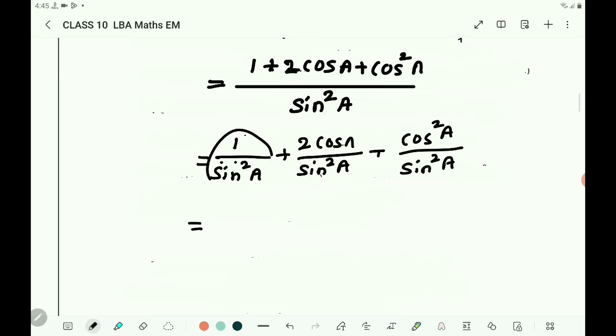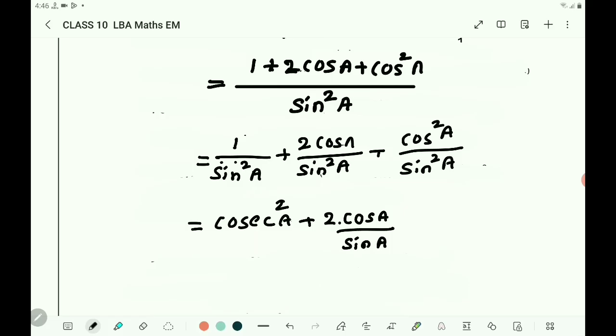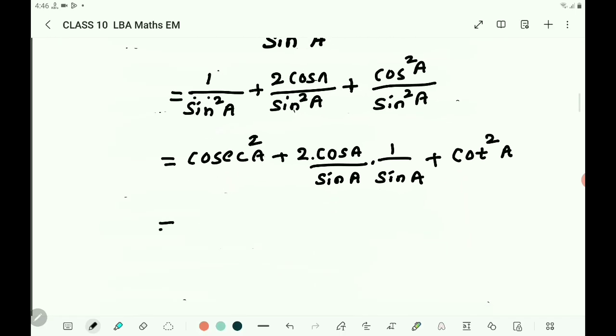It becomes 1 by sin square A is cosec square A plus 2, write cos A as it is, by sin A into 1 by sin A. Here sin square A is to be split into sin A into sin A. Then cos square A by sin square A, cos by sin is cot, it is cot square A. In the next step, write this as it is: cosec square A plus 2 cos by sin into 1 by sin.